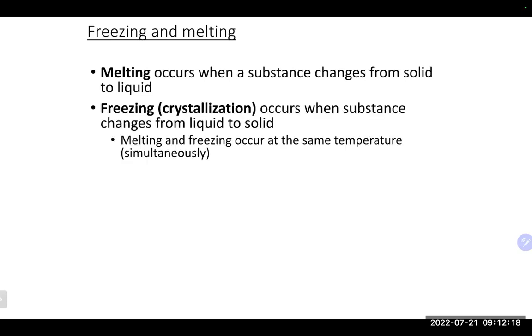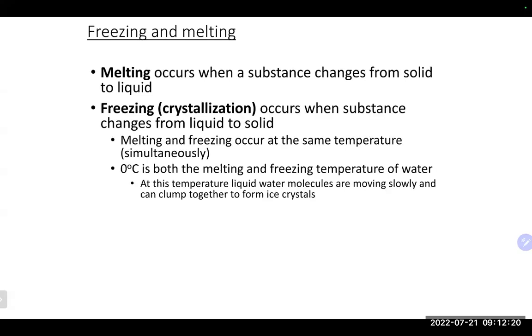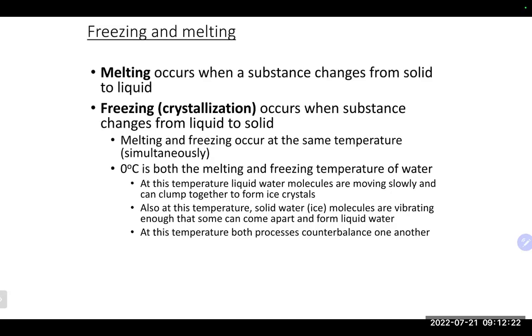So let's talk about the other transition, which is freezing and melting. Obviously, freezing and melting also occur at the same temperature. For example, for water, it is 0 degrees Celsius where that occurs. That's the normal melting point or freezing point. Melting occurs when substances in the solid state gain enough energy to start moving past each other and go into the liquid phase.